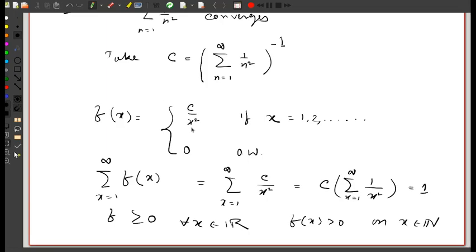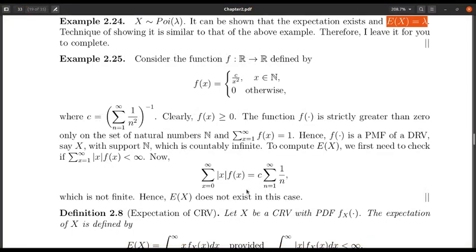You can see that this is a probability mass function, and suppose we are trying to find the expectation of that random variable. As the support is countably infinite, first I need to check whether this quantity is finite or not.